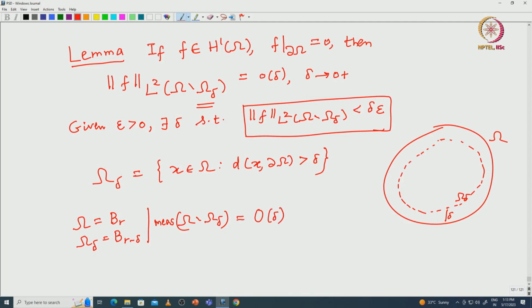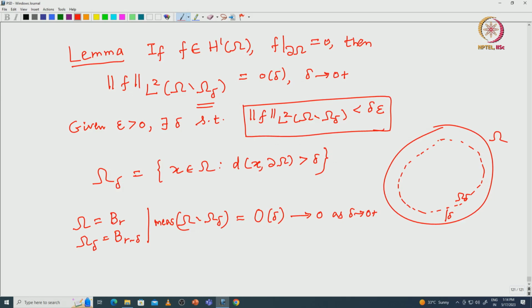Here also we can expect the same thing, and obviously that goes to 0 as delta goes to 0, no problem. So, the measure of this region Ω minus Ω_δ can be made as small as we please.